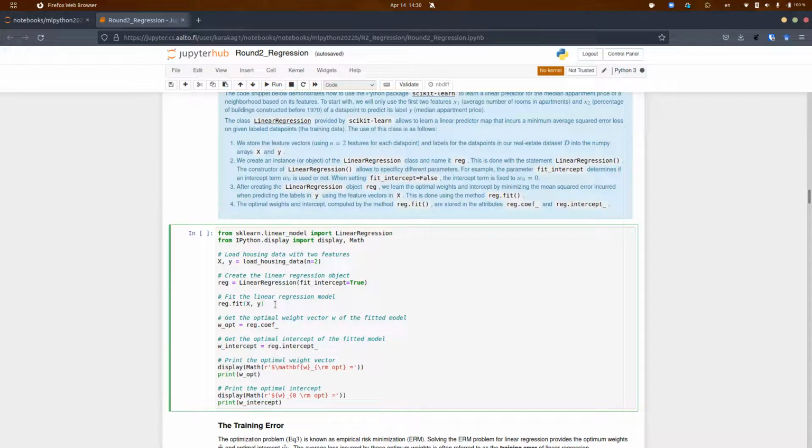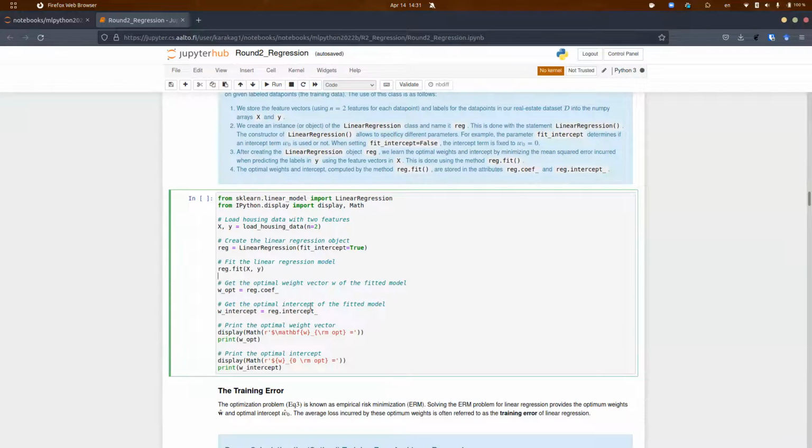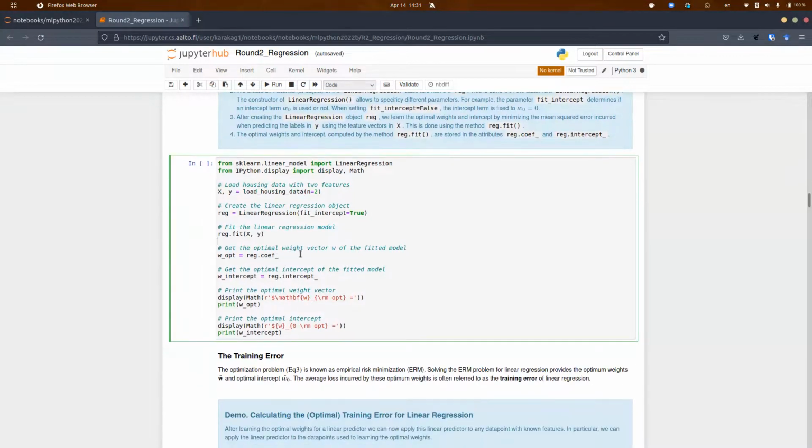That means that we actually minimize the average loss function, the one we saw before. This is already implemented for you. You don't really need to do the minimization yourself. And these are the optimal weights that you found.